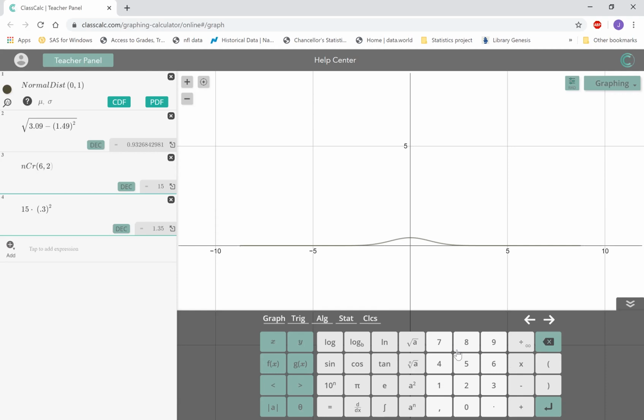Then multiply this by 0.7, and you want to do this to the fourth power. So you want to use this button where it says A to the N. And you put 4. And you get 0.324135. But you could put 32.4%.